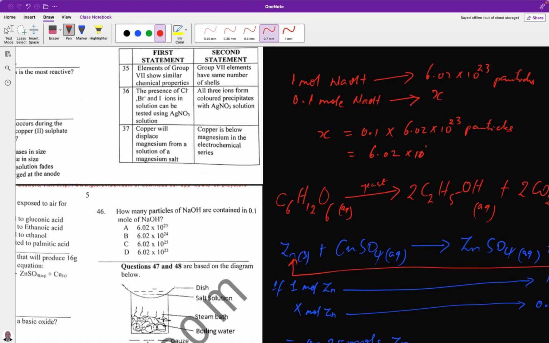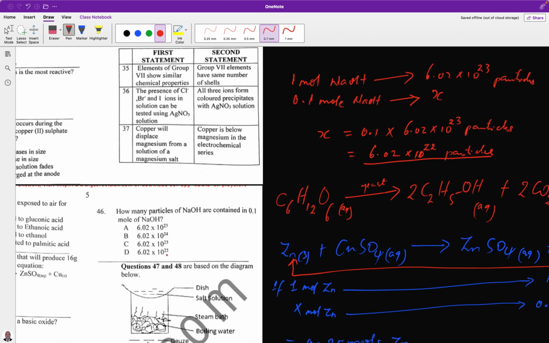So this will be the number of particles for 0.1 mole of sodium hydroxide. If we check in our answer column, the answer for 46 is 6.02 times 10 to the 22, which is D. D will be our answer.